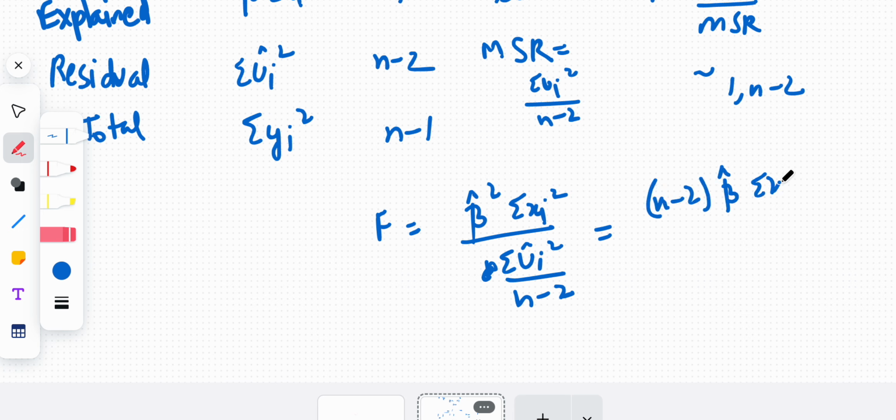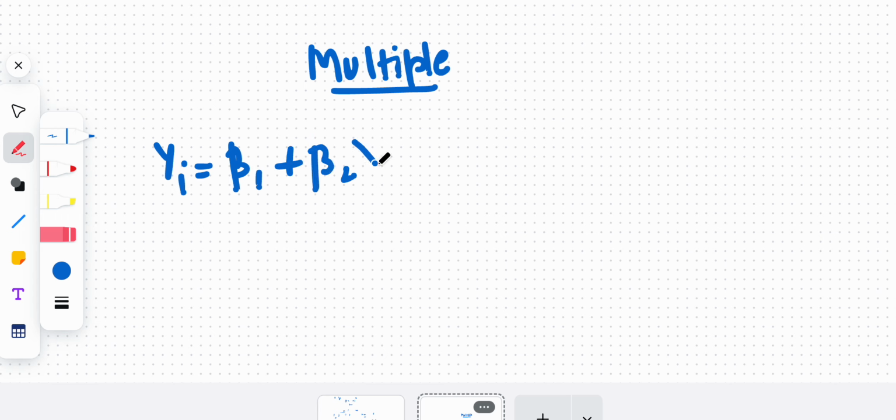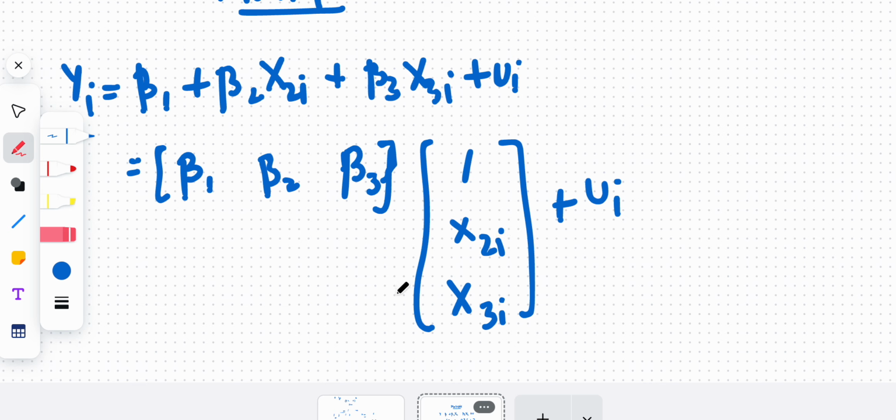Now multiple regression model, if you take for instance a model like this, this is a multiple regression model. This would be beta 1, beta 2, beta 3, right? And this would be 1, x2i, x3i, plus ui, right?